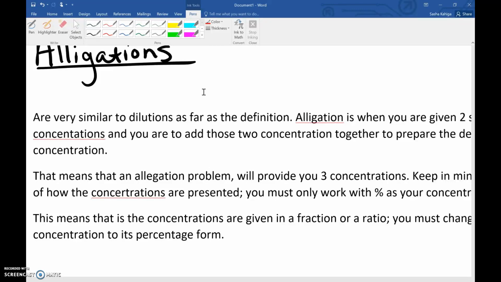So regardless of how those concentrations are presented to you, whether it's presented in a fraction or a ratio, you only work with percentages. Just like we did in dilutions, we only worked with whole numbers. I basically changed everything over to a whole number. But in alligations, you only are going to work with percentages. So you have to change your ratio and your fraction to a percentage in order to solve the problem.